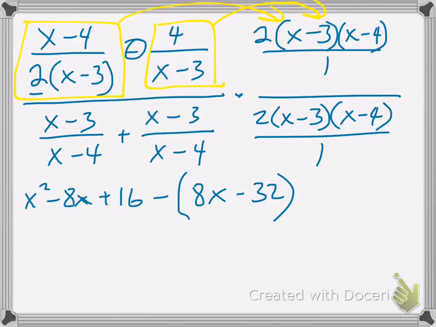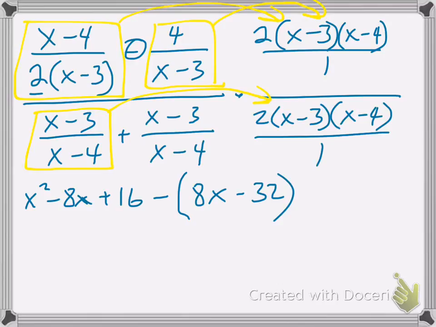Now we will go to the bottom. x minus 3 over x minus 4 times this over here. The x minus 4's cancel, right? And I'm left with 2 times x minus 3 times x minus 3. That might be a little much to do without showing it, right?